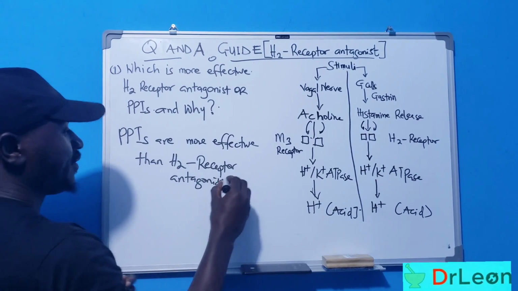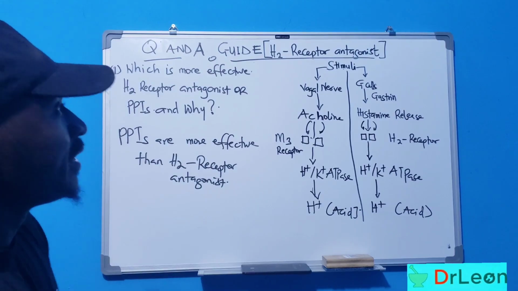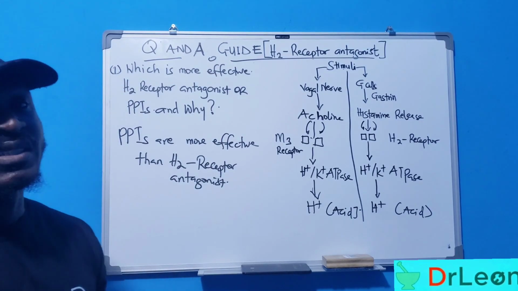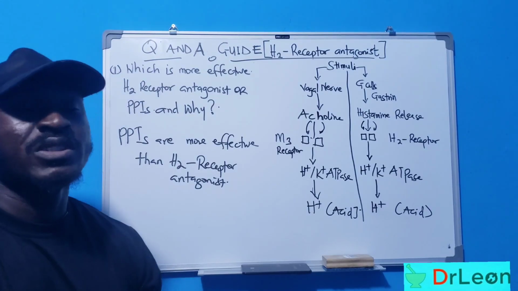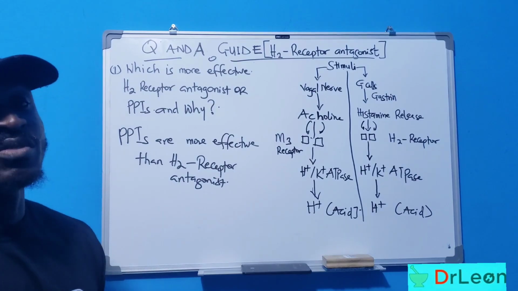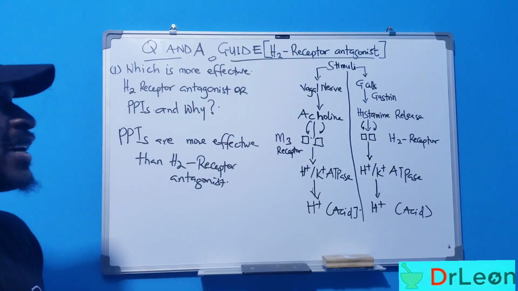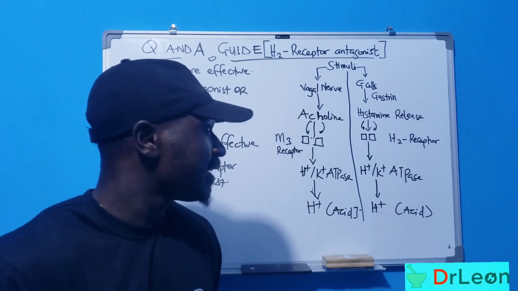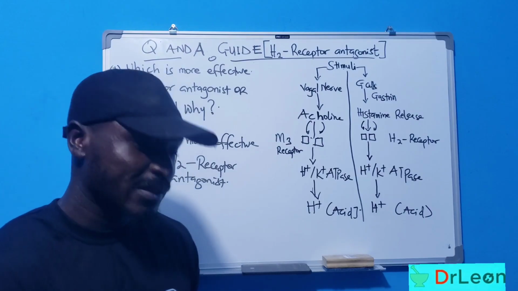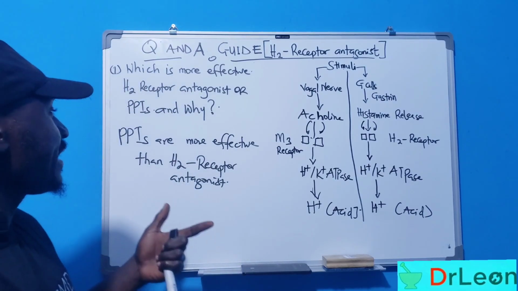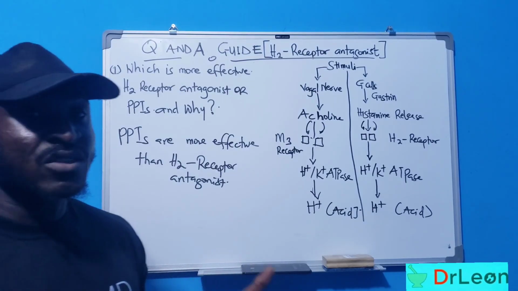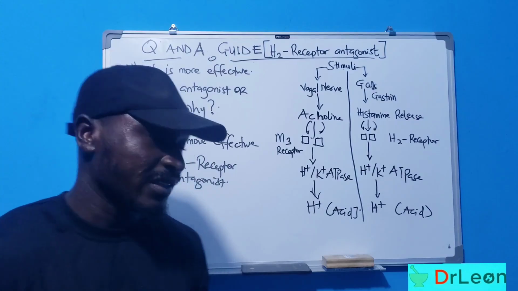So that answers the first question, meaning to select between a PPI and H2 receptor antagonist to treat PUD, our first option will be a PPI because they are more effective than the H2 receptor antagonist. Now, to explain why are PPIs more effective, or why are H2 receptor antagonists less effective?